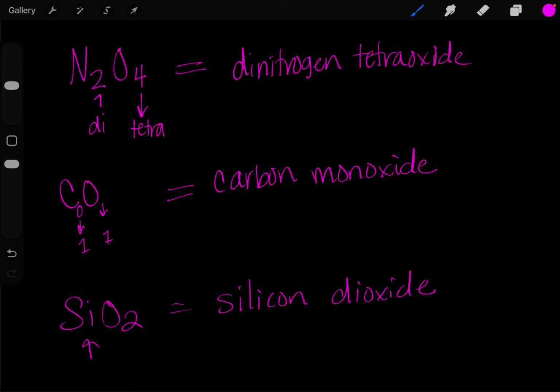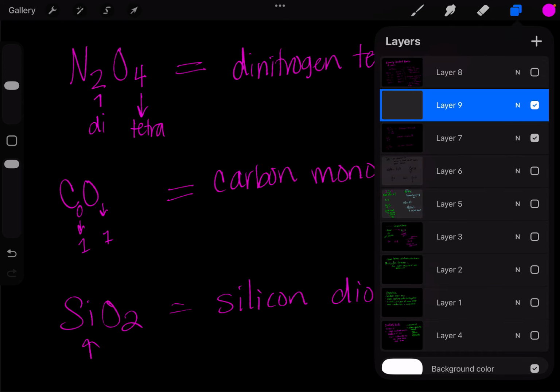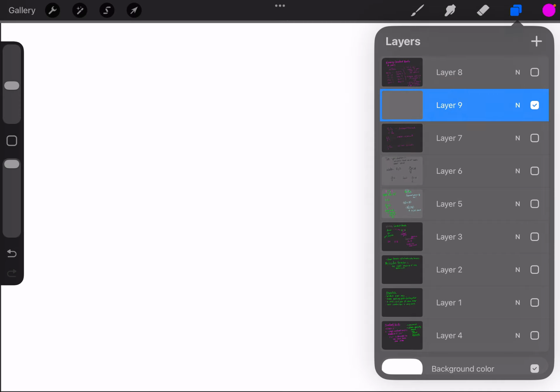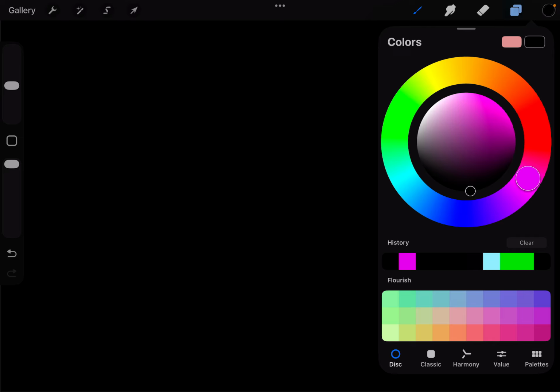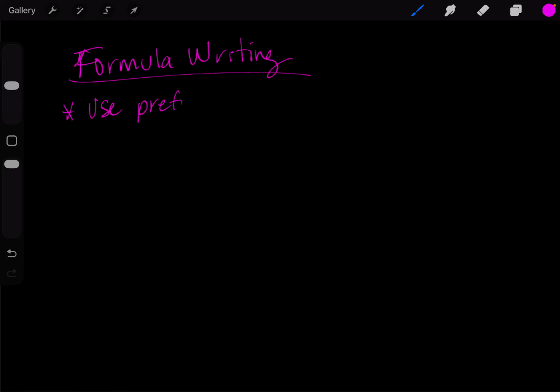Okay, and then the last little bit, when you write your formulas, so formula writing, going backwards. If I'm given the name, I'm going to use those prefixes to determine the subscripts.